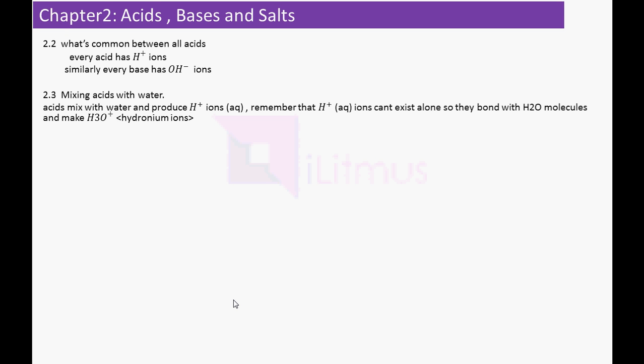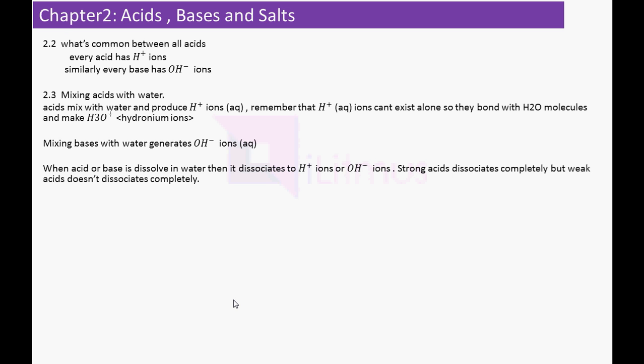So dissociation and association happen at the same rate. Mixing bases with water generates OH minus ions. So when an acid or base is dissolved in water, it dissociates to H plus ions and OH minus ions. But H plus and OH minus are very reactive and they form water. What remains becomes salt.